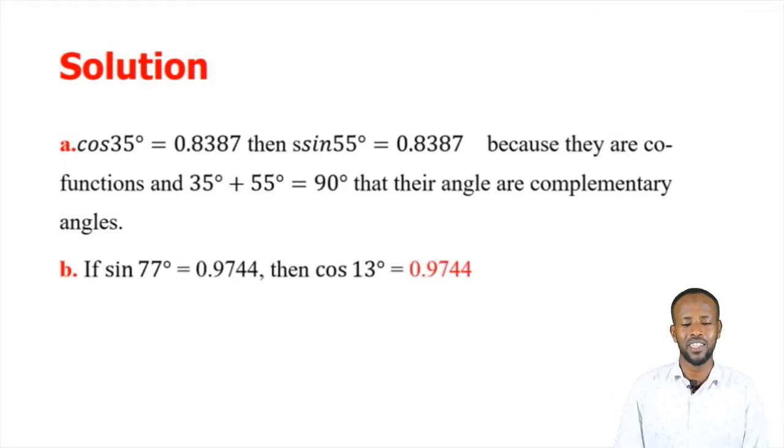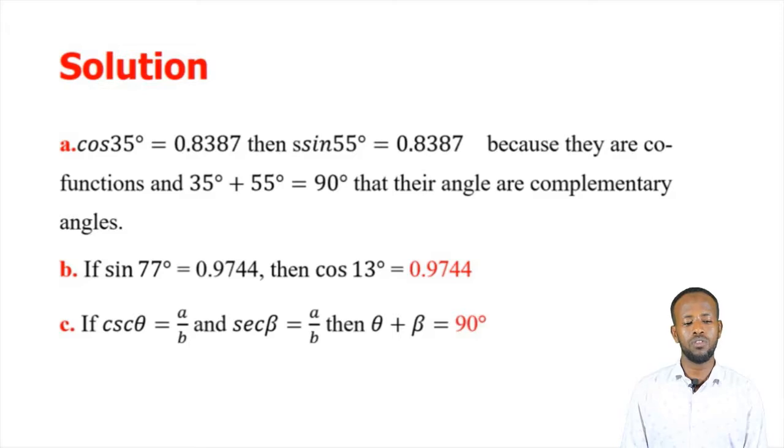Students, do you get 0.9744 for question B? The same as the previous. C. If cosecant theta is equal to A over B and sec beta is equal to A over B, then theta plus beta must become what? It must become 90 degrees, isn't it?